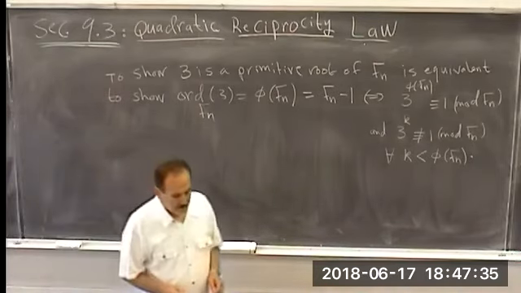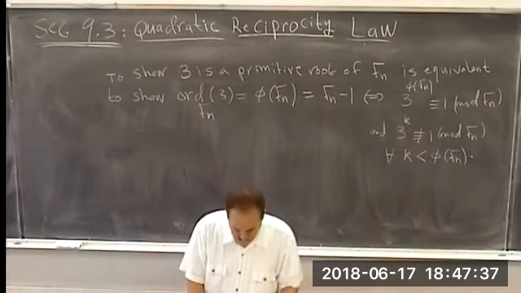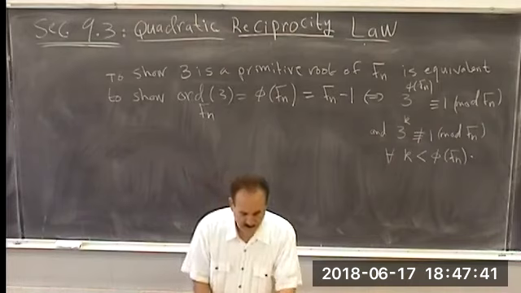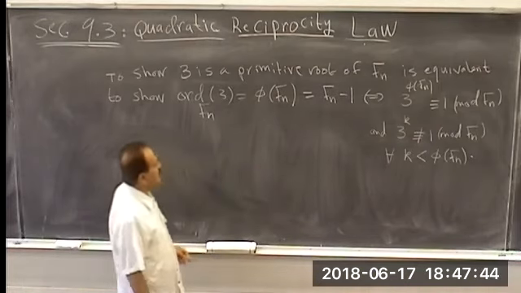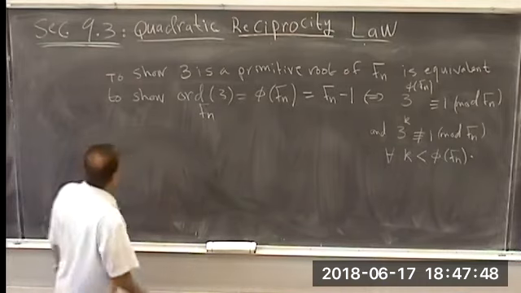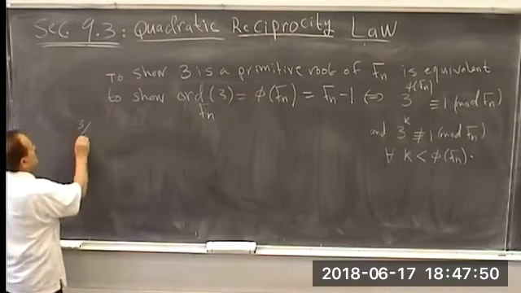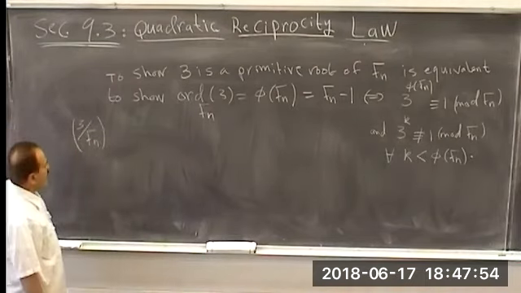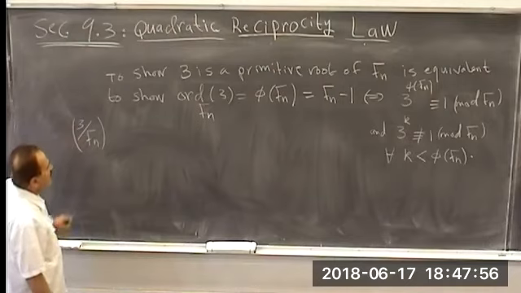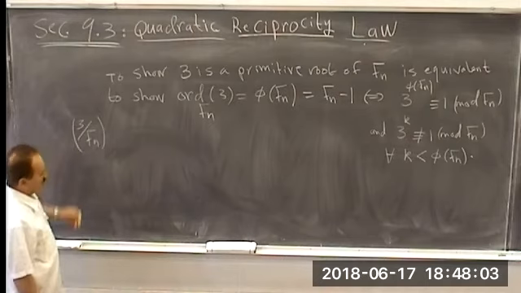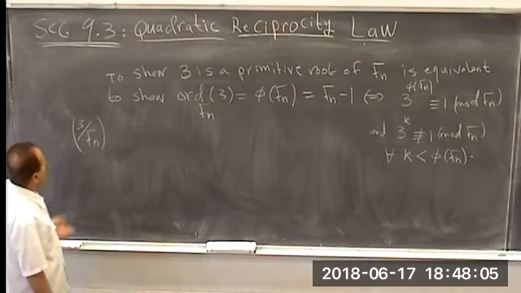All right? Now, to achieve this, because we want to use the Legendre symbol, basically we're going to use quadratic reciprocity, and we're going to be evaluating this. And remember, the value of this is based on the mod 12 form of the Fn.